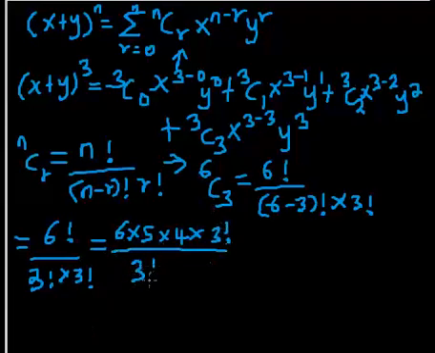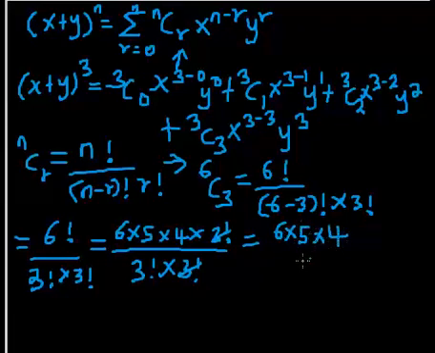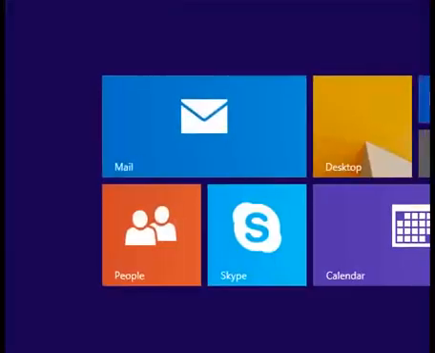So I have 3 factorial times 3 factorial. Okay, so that 3 factorial cancels 3 factorial. So I have 6 times 5 times 4, and of course 3 factorial is 3 times 2 times 1. If I do this using a calculator, of course you know what that should give.